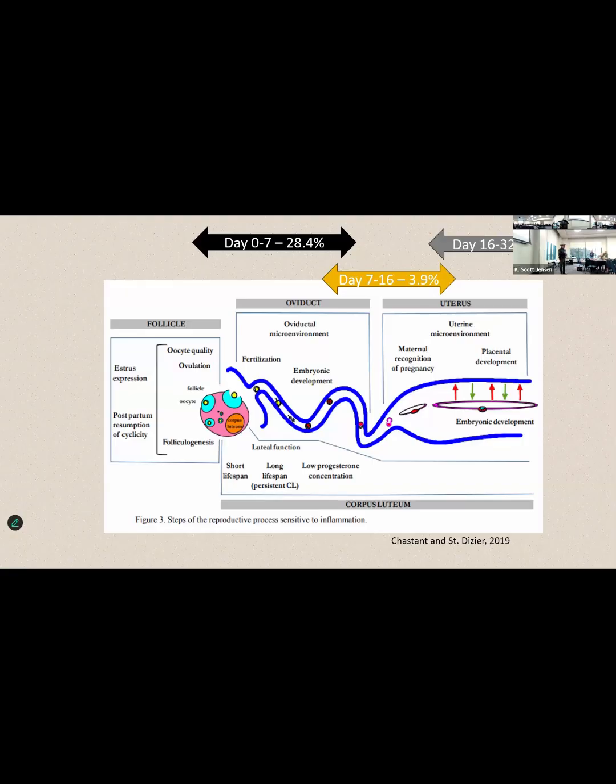Around day 16 in the bovine is when we have what we call maternal recognition of pregnancy. Maternal recognition of pregnancy is simply that embryo produces a protein that says, hey mom, I'm here. She has to respond to that protein by maintaining her corpus luteum, which is the structure that produces progesterone, the hormone that maintains pregnancy.